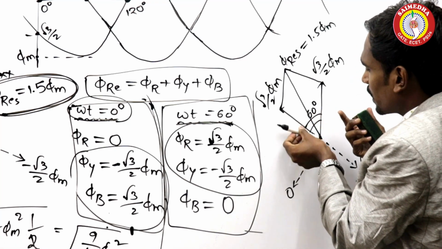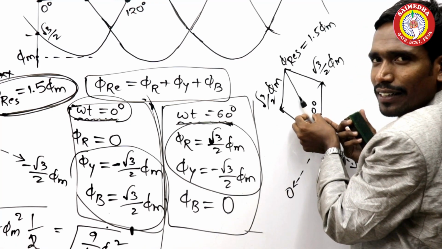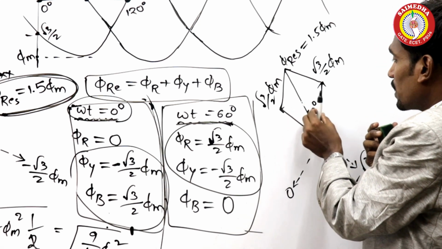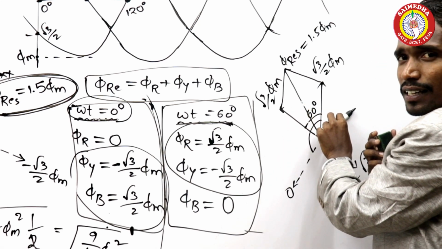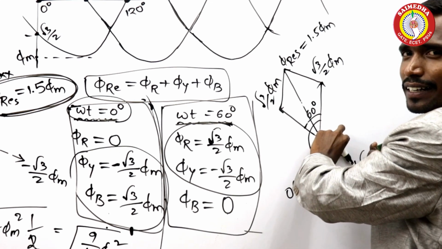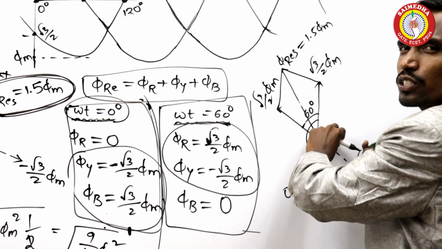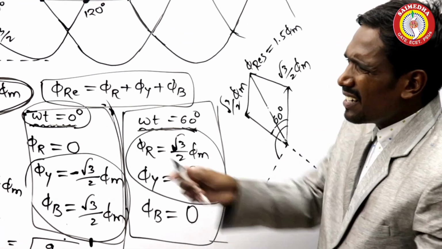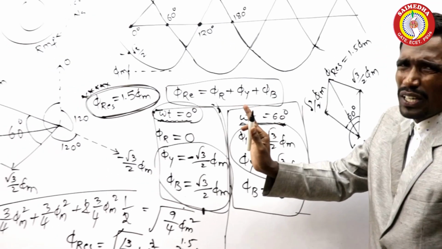At omega t equals 60 degrees, it has shifted to here. At omega t equals 120, it will shift to here. At omega t equals 180, it shifts to here. And at omega t equals 240, it shifts to here. Like that, see here, a clear observation.